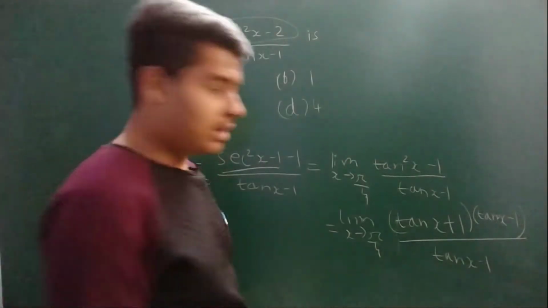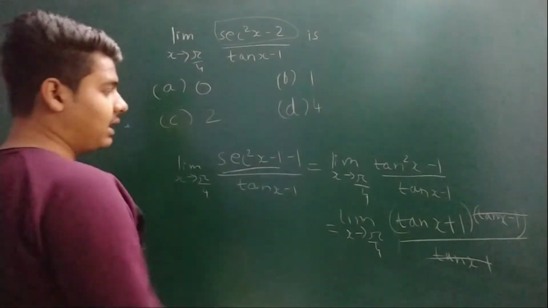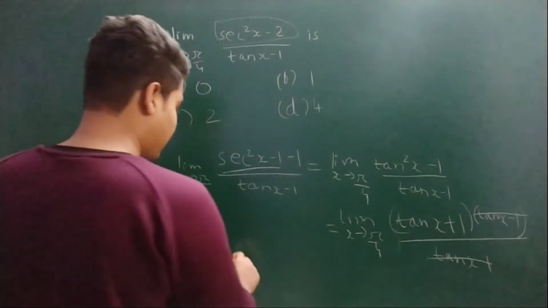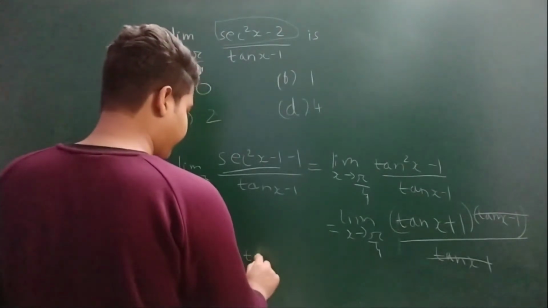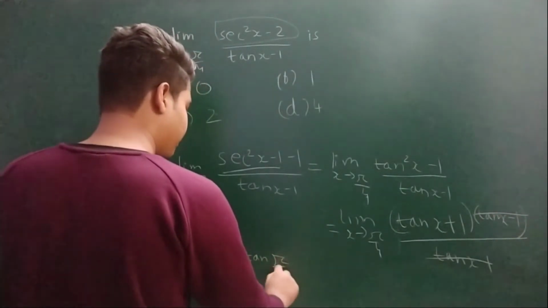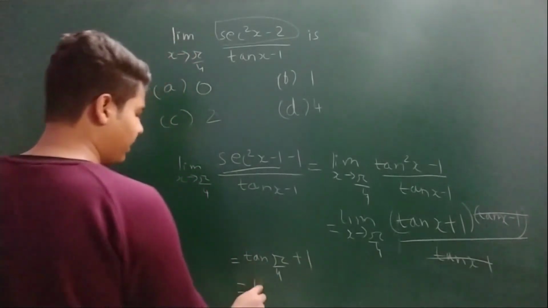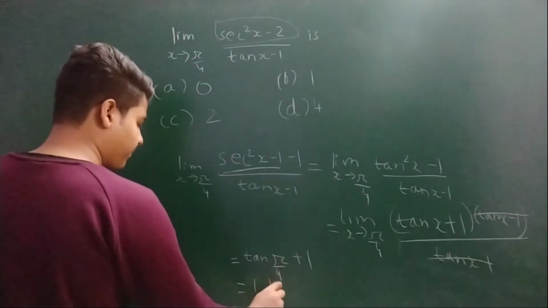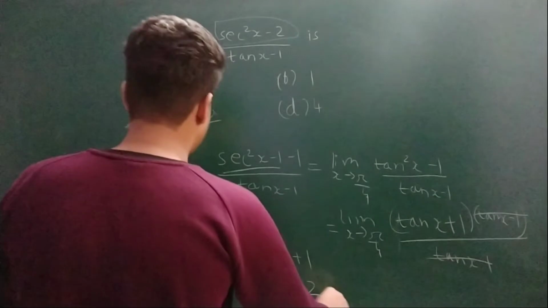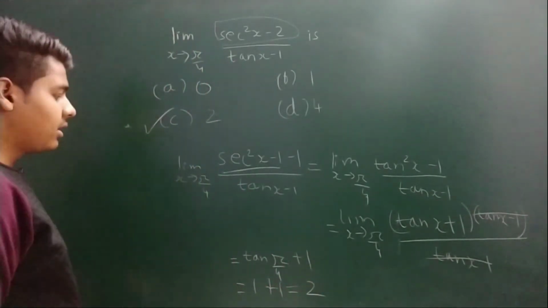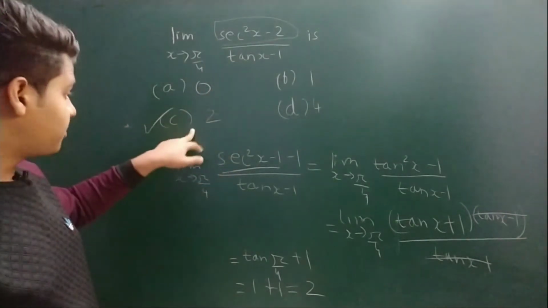From this, tan x minus 1 and tan x minus 1 get cancelled out. We are left with tan x plus 1 only. And in tan x plus 1, we just replace the value of x, that is tan pi by 4 plus 1. Again, you know that the value of tan pi by 4 is 1, and it will be 1 plus 1. So the final answer to the solution is 1 plus 1, that is 2. Option C is the correct answer, that is 2.